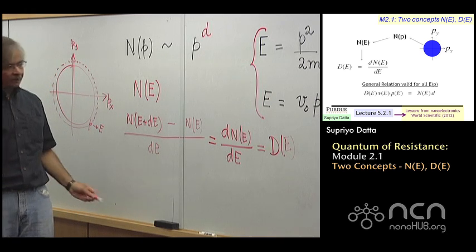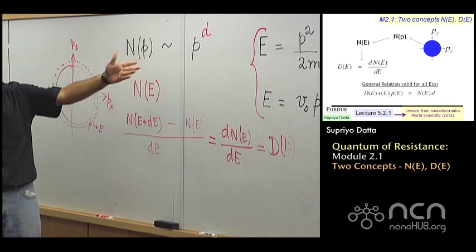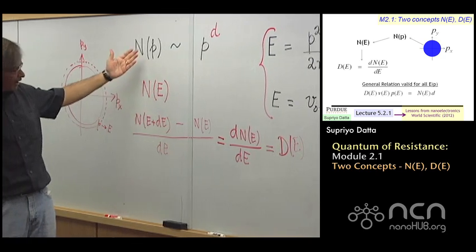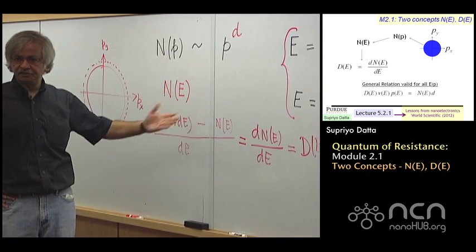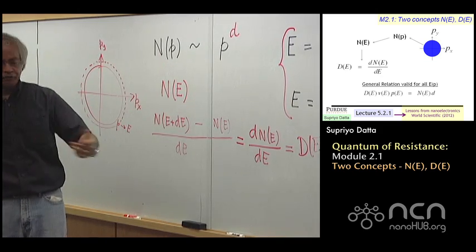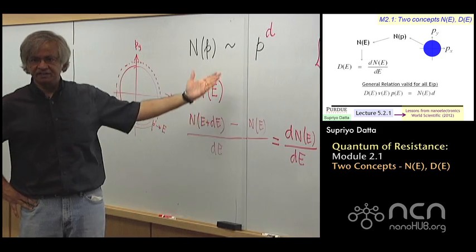In the homework problems, we have a couple of different energy momentum relations for which I ask you to find the density of states using this procedure, and that should give you some practice as to how it works. You can look at the video tutorial where I'll work out those examples.